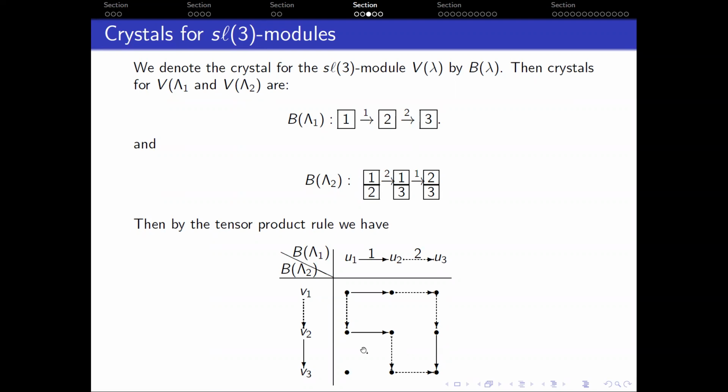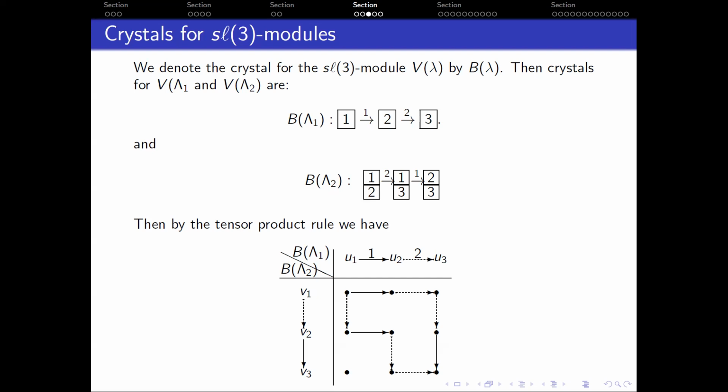But when I look at 2, you see I have the 2 arrow going from this point to this point, and then this point to this point. This is just a very baby example of the situation, but this decomposes the tensor product of V lambda 1 and V lambda 2 into 2 irreducible modules.